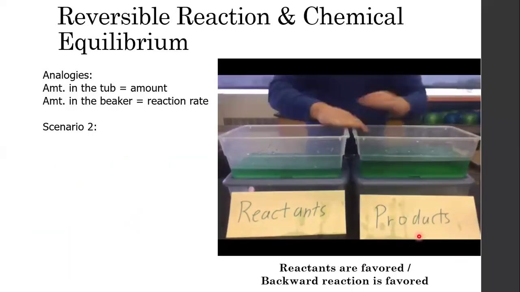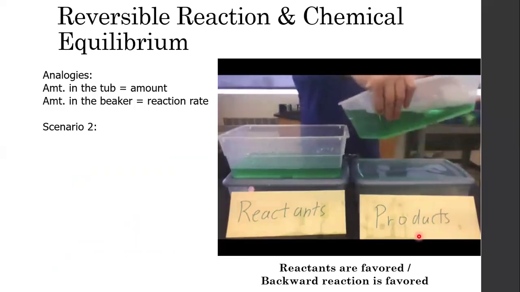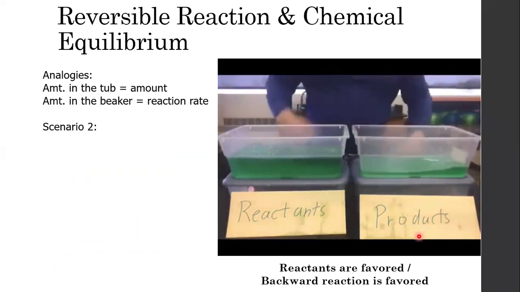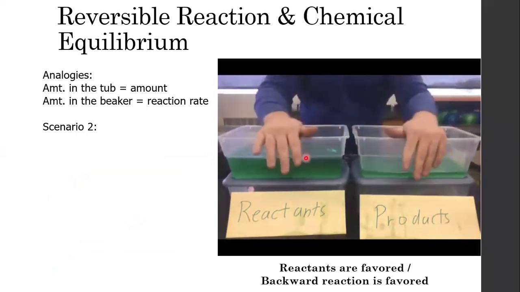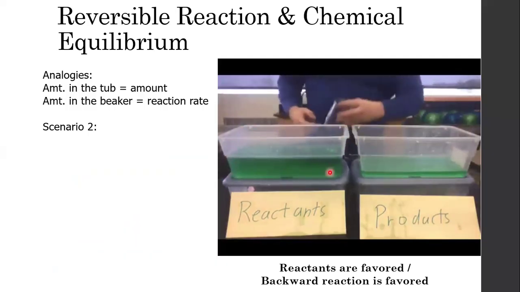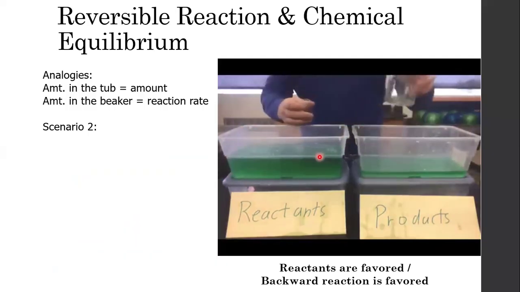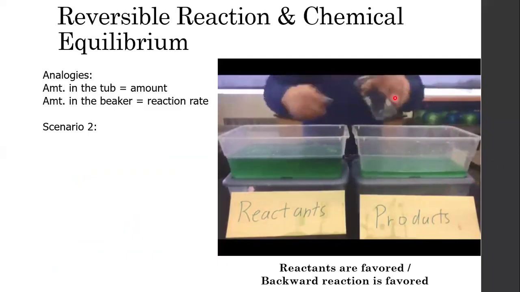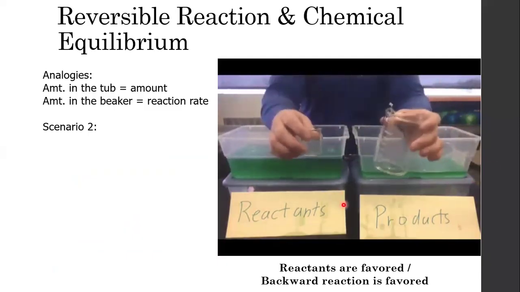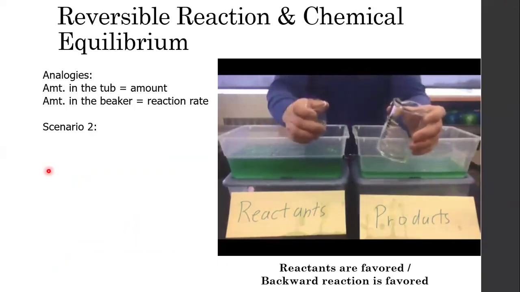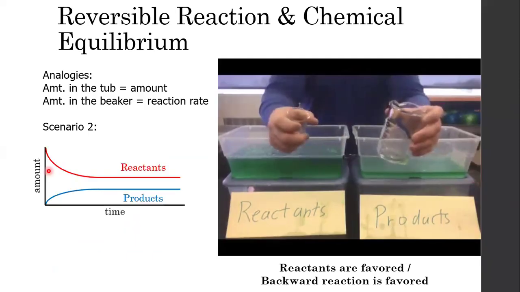Okay, we can also flip the scenario, where we'll end up with this amount at equilibrium, and we can predict that maybe he used a bigger beaker in the product side and a smaller beaker in the reactant side. Okay.